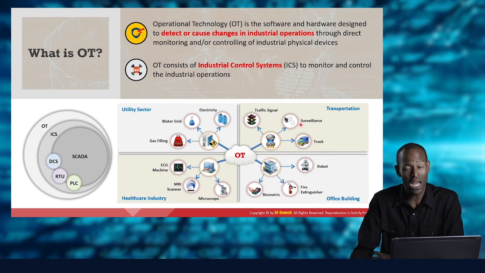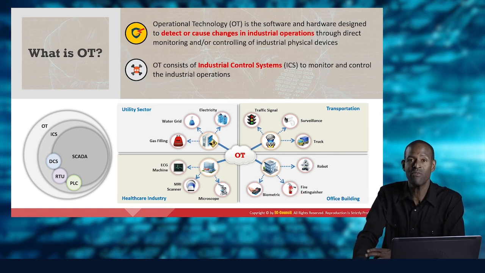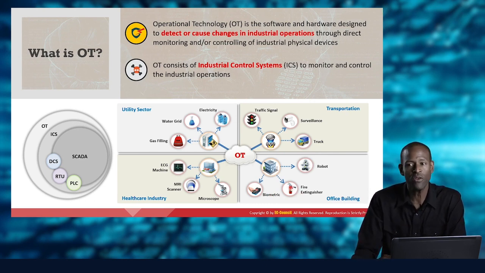We have, like I was saying, transportation. I was talking about the traffic light signals and traffic light cameras and automation. Even in office buildings, besides the copier printer that's IoT, we have OT devices like the biometric scanners and the doors and fire extinguishers that might report in every time they're queried to let you know if they're charged or not. And then robots like Rosie the robot or whatever type of robot that you have in your industrial office.